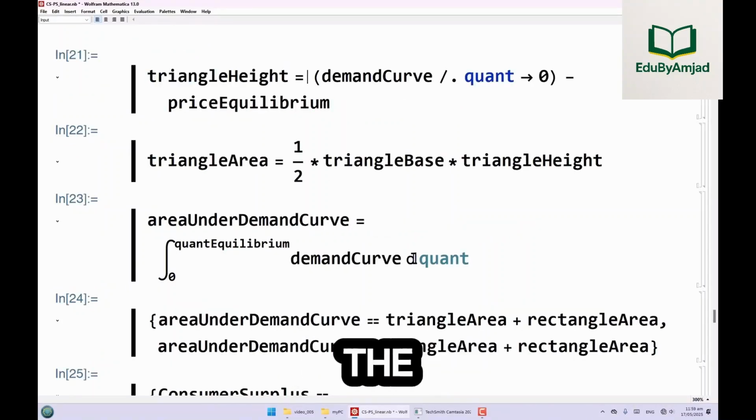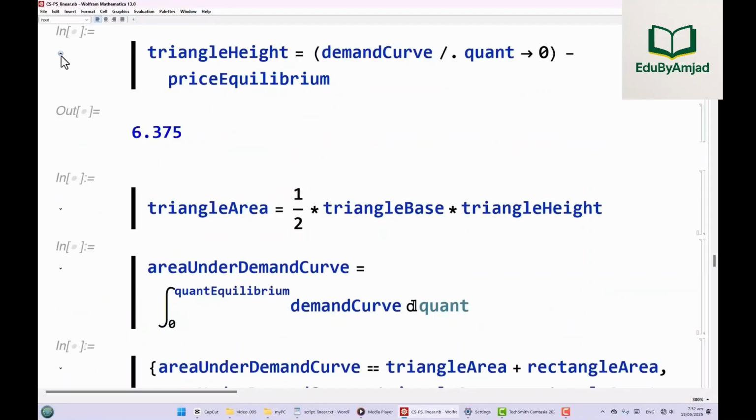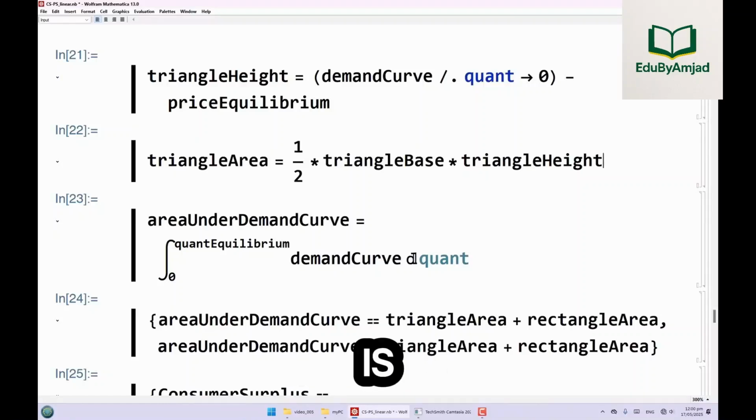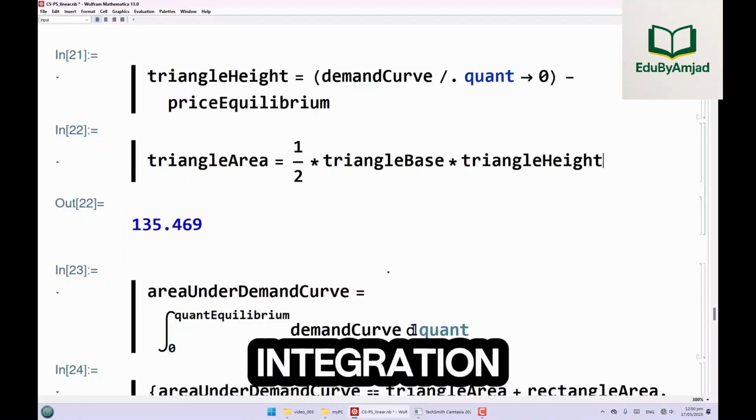Triangle height is the difference of the demand curve intercept and the equilibrium price. So, the triangle area is half of triangle base times triangle height, and it double-checks the consumer surplus value calculated by integration earlier.